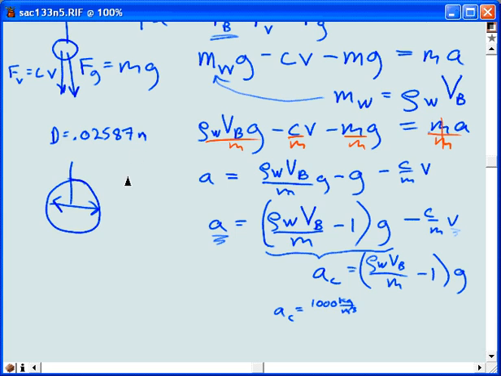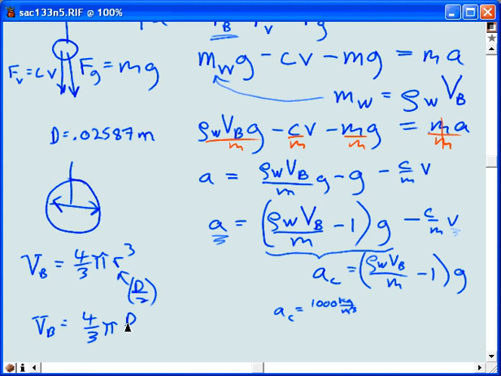meters. Now, the way I've got the volume of a ball memorized, the volume of a sphere is 4/3 pi times the radius of the thing cubed, but the radius is just d over 2, so V_B is 4/3 pi times d over 2 all cubed.